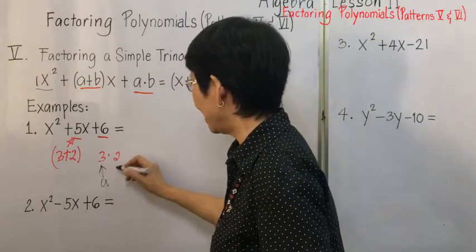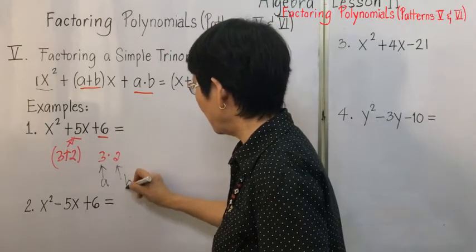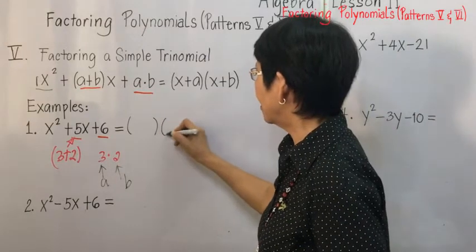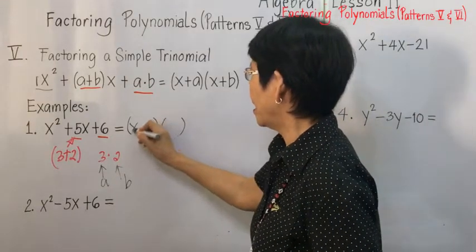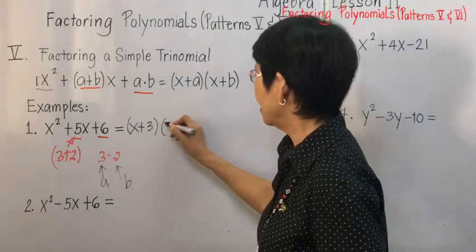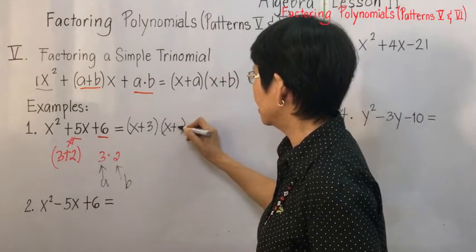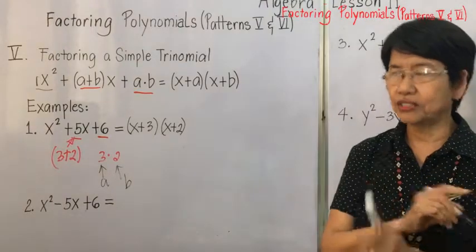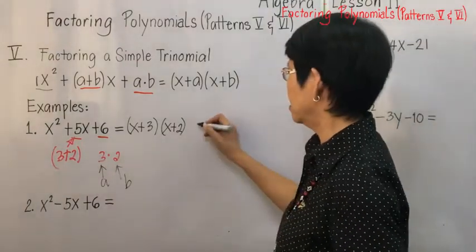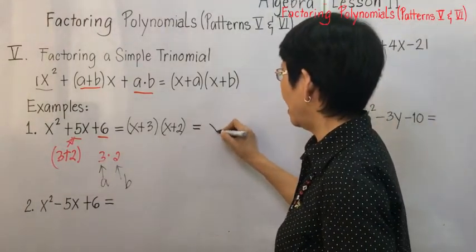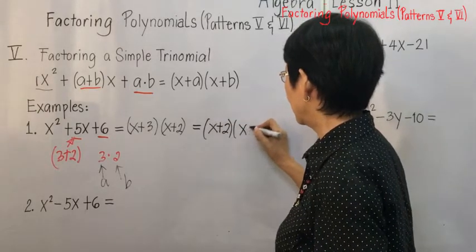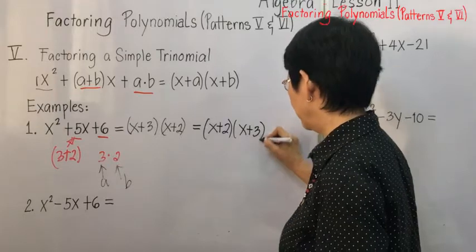This is our A and this is our B. And the factors are x plus 3, x plus 2. And you can interchange those factors. So you can also have x plus 2 times x plus 3.